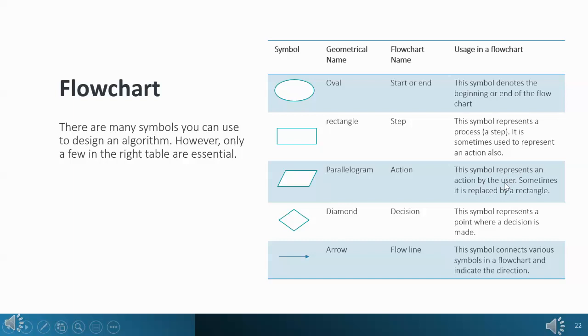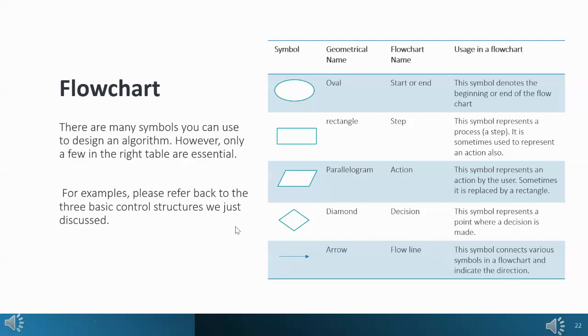The fourth is a diamond, which indicates a decision. And the fifth is an arrow, which shows the program flow. Please refer back to the three basic control structures we just discussed for the flowchart used there.